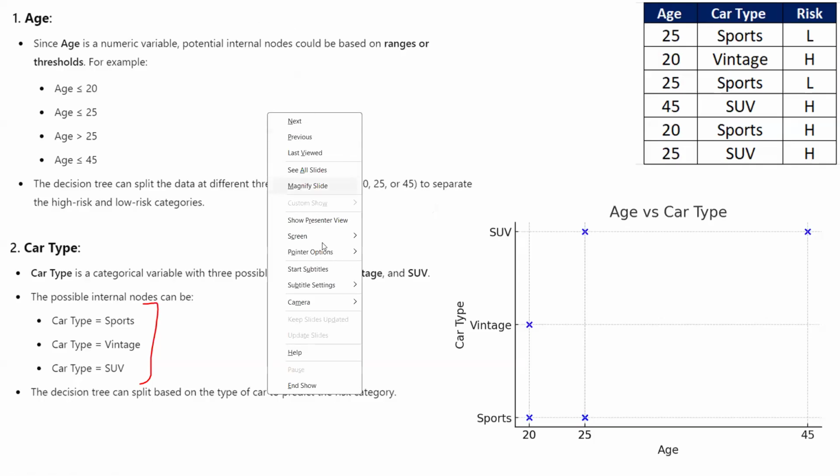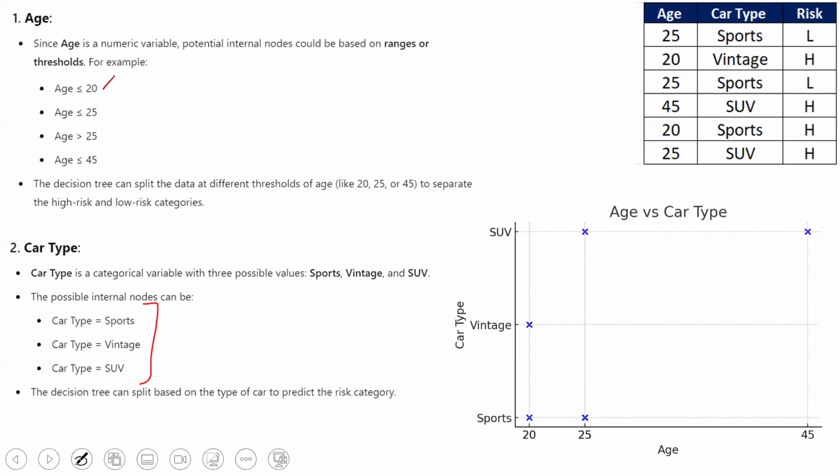For the first node, you don't really know which node has to be used as the root node. This can be used as root node, this can be used as root node, but you have to decide now what has to be used as the root node. For that, you have to calculate the entropy of each node that we are using. So what does entropy mean and how do we calculate that is what we are going to see now.